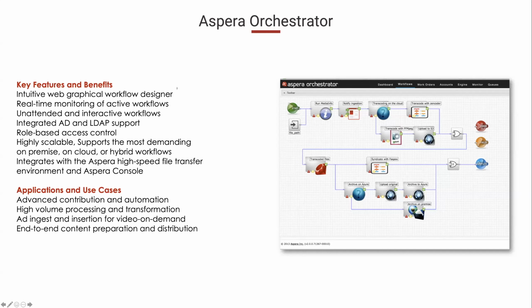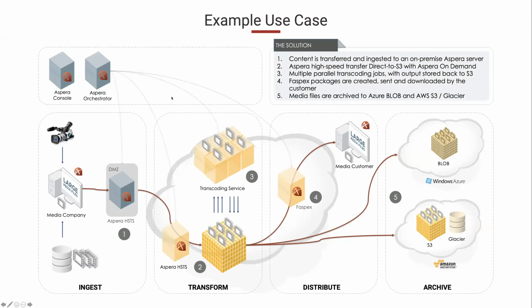Just a brief example use case for Orchestrator. This is touching on several of the different pieces here. You can think of Orchestrator being involved in monitoring and then also making those API calls to initiate the different steps as part of this workflow. So in this case, we're talking about content starting here on the left that's ingested on premise where an Aspera HSTS and Aspera node lives, right?